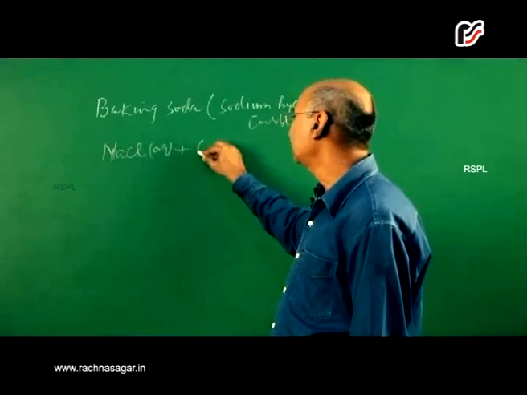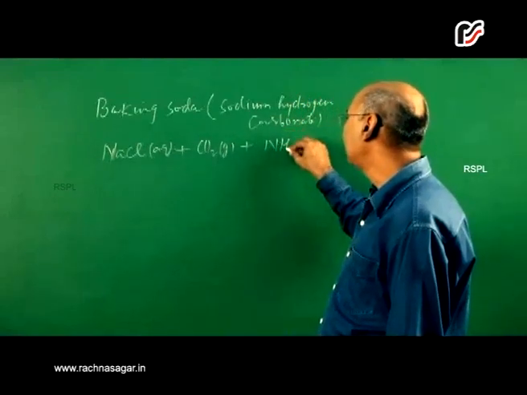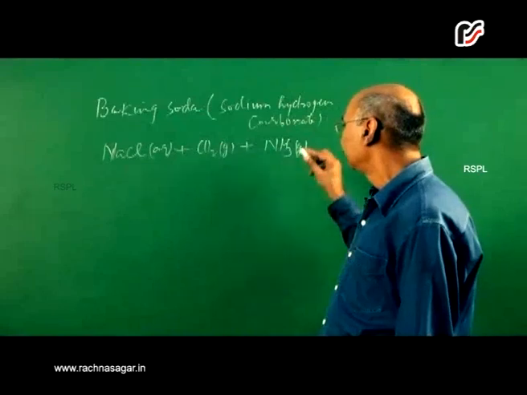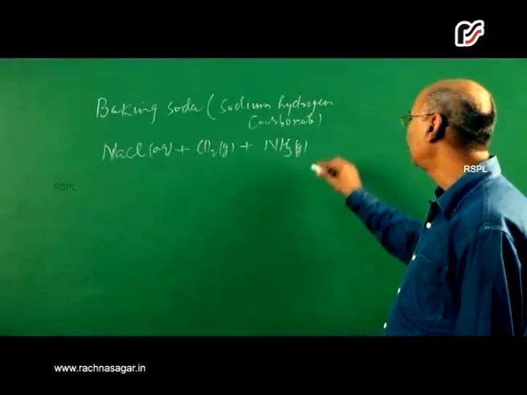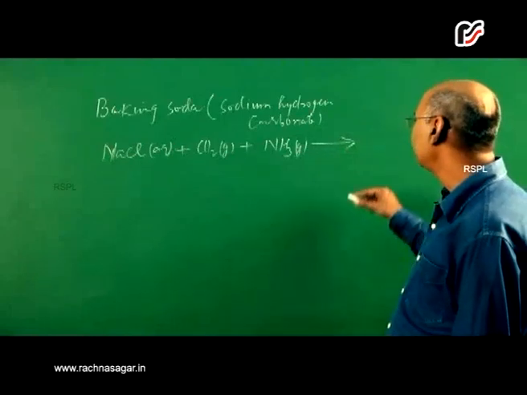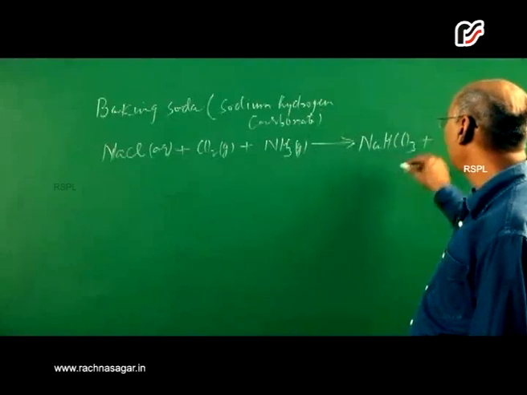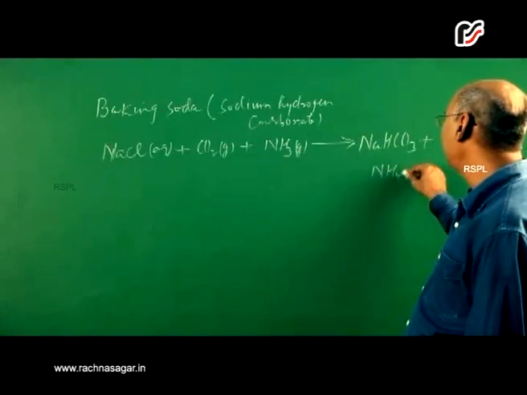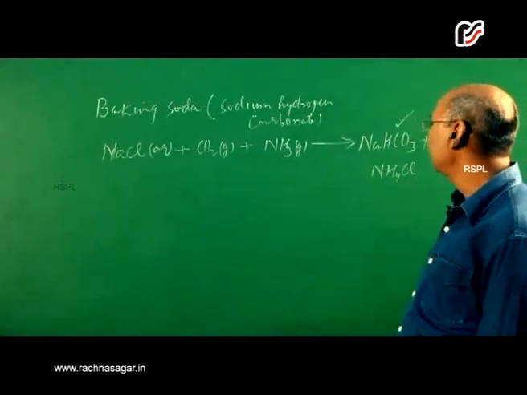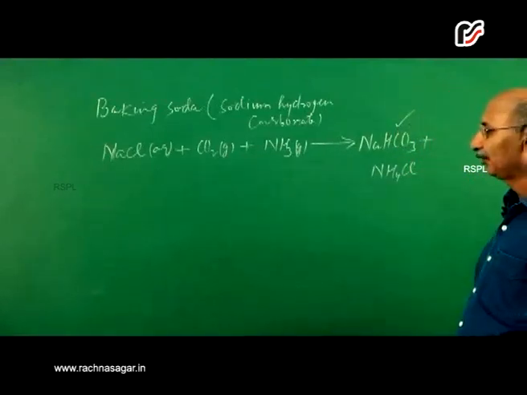We pass carbon dioxide gas plus we pass ammonia gas. Means carbon dioxide is passed through ammoniacal brine solution. It results in the formation of sodium hydrogen carbonate plus NH4Cl is formed. This is sodium hydrogen carbonate, which is also called baking soda.